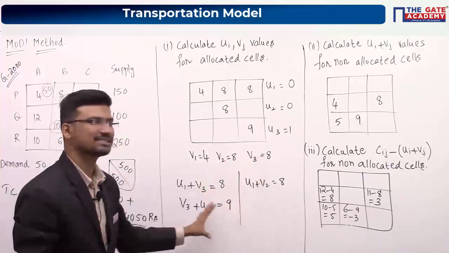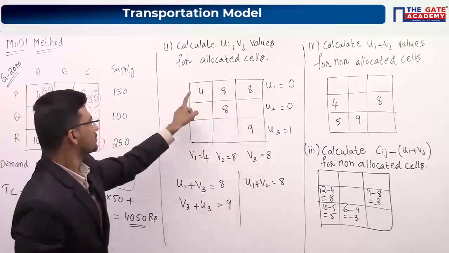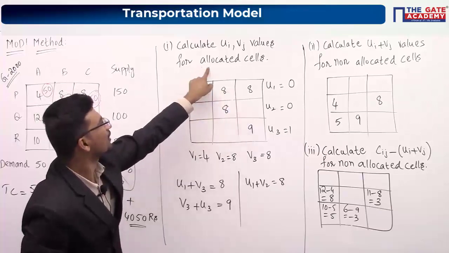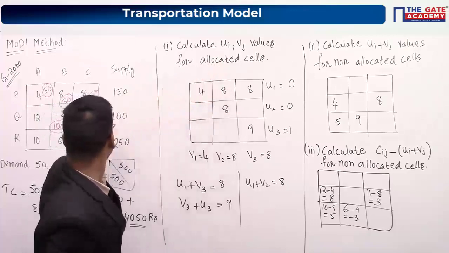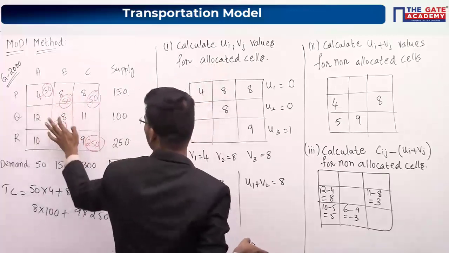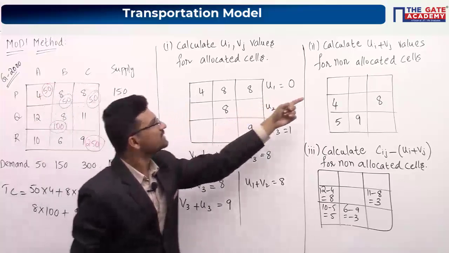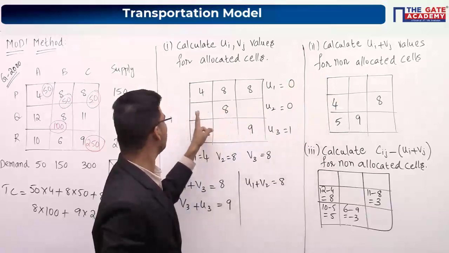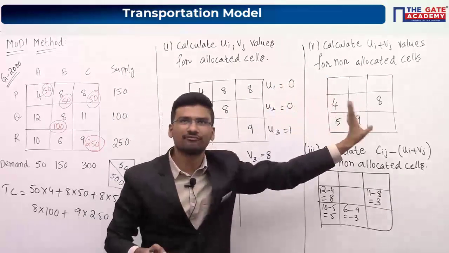Here you can add one point: calculate Ui, Vj values for allocated cells, meaning you are taking the cost values only from these particular cells. In the second step, we have calculated Ui plus Vj values for non-allocated cells.